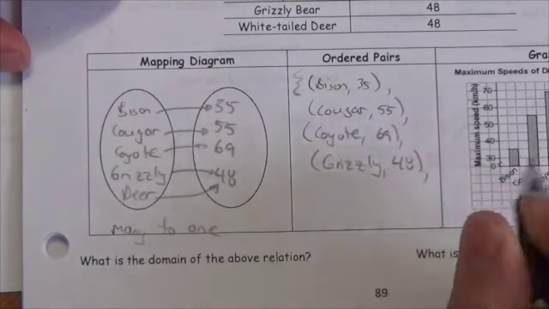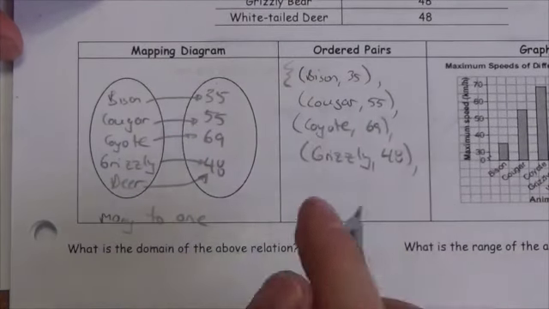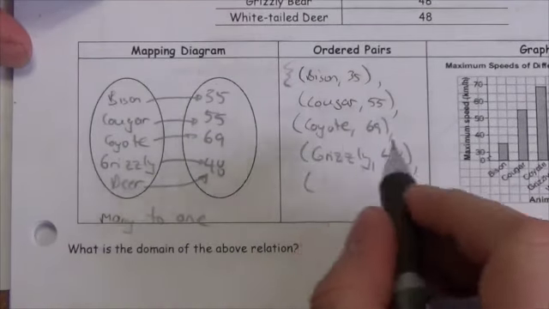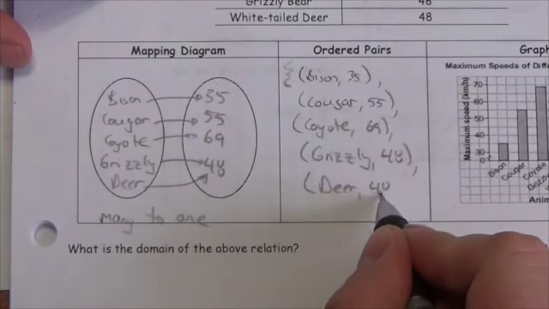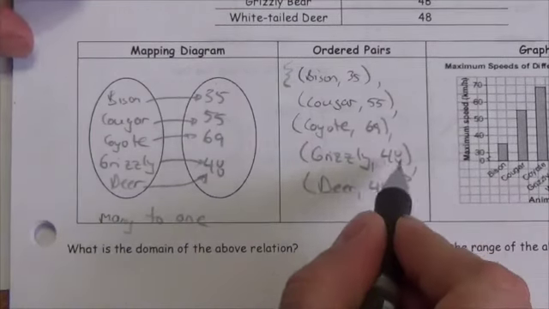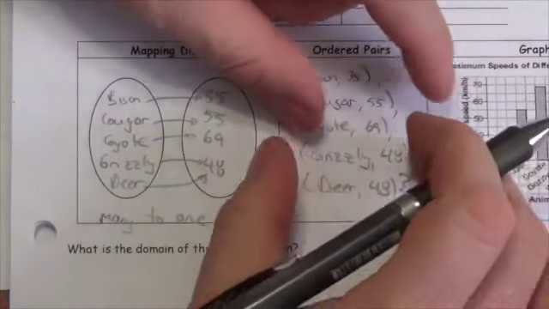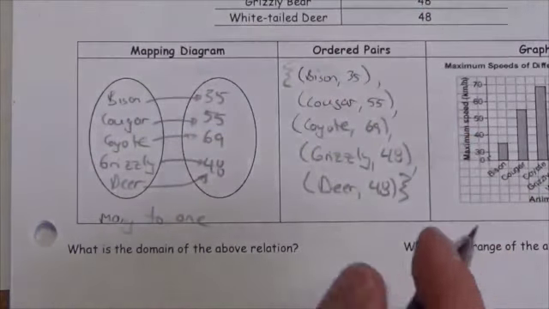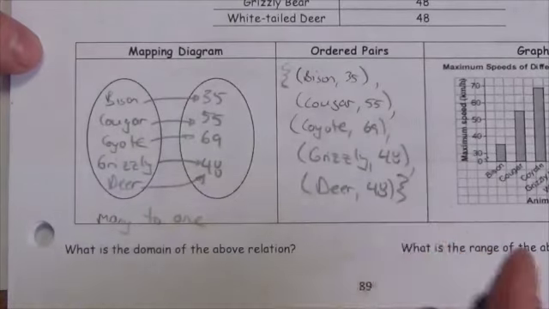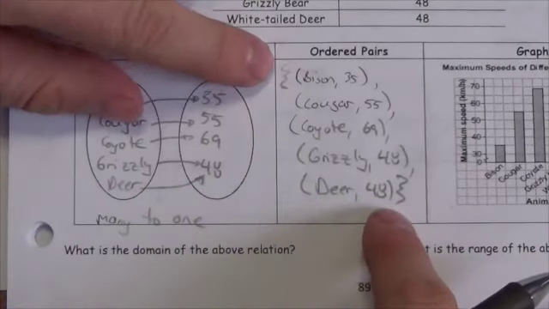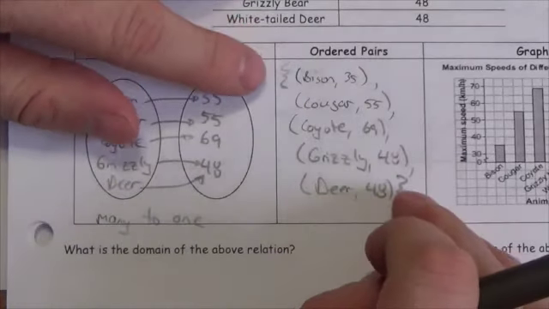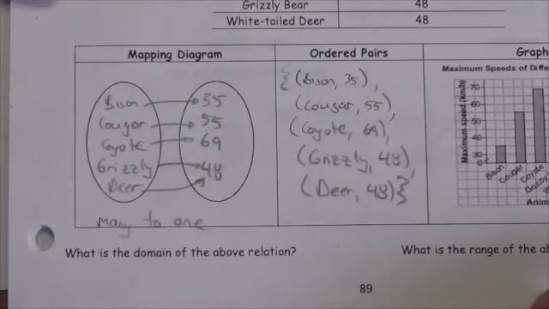Now when we write these as ordered pairs, we have to include that 48 everywhere it shows up. So we've got the deer here and then the 48. Got to write that twice because now I'm deliberately associating those two together. And I close off the set of ordered pairs with a brace there. Remember we're talking about sets here, so I want to include those within the set notation.